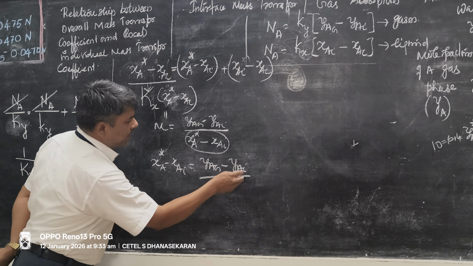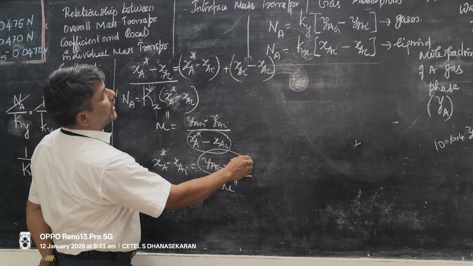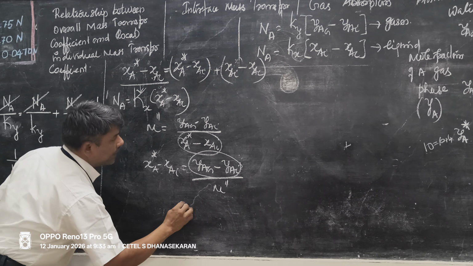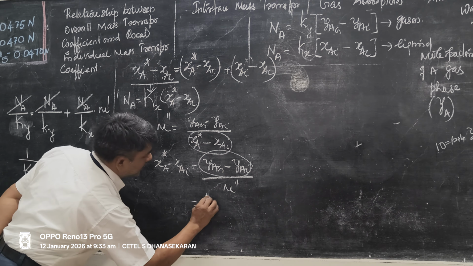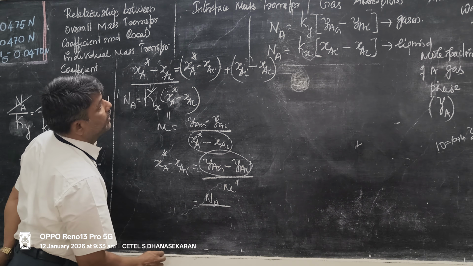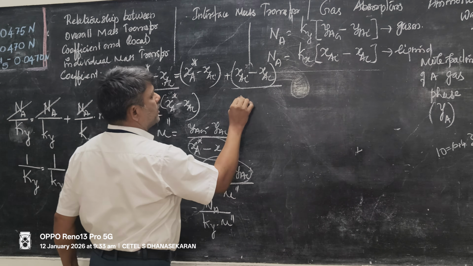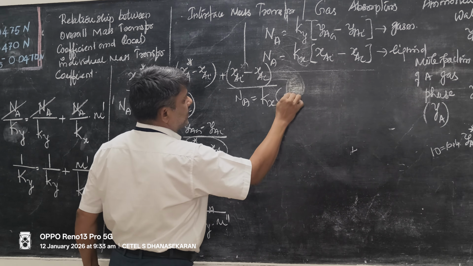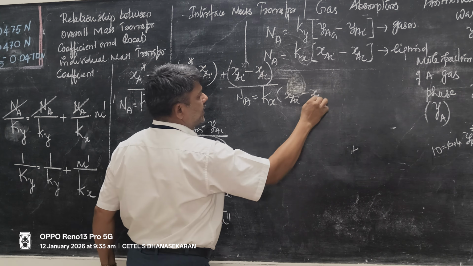Instead of yAG minus yAI, I can write yAG minus yAI is equal to NA divided by small k suffix y into m double prime. This equation becomes like this. Again, what next? This is xAI minus xAL. NA is equal to small k suffix x into xAI minus xAL.